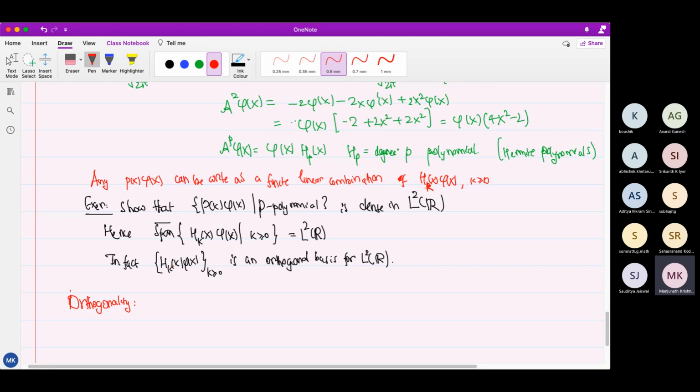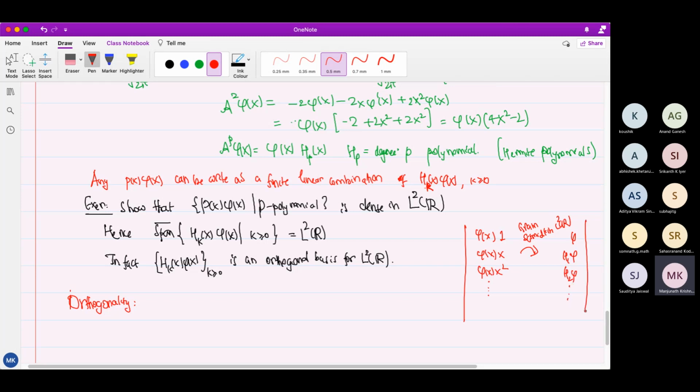There's no other choice actually in some way. If you take phi(x) times 1, phi(x) times x, phi(x) times x squared, and so on, and apply Gram-Schmidt to this, what you get is exactly phi h_1, phi h_2, and so on.